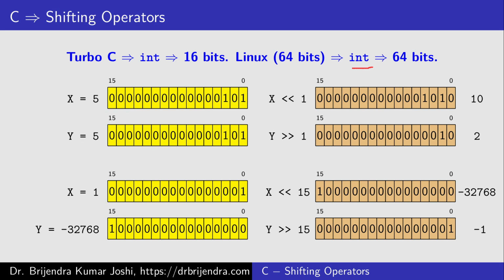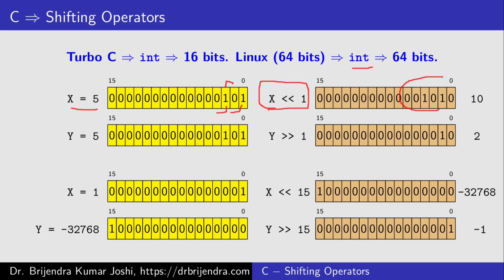So suppose x equal to 5, and if we apply the left shift operator, this means the value of x is to be shifted towards left by 1 bit position. So this one would come here, and this one would come here. This 0 would come here, which is shown here.